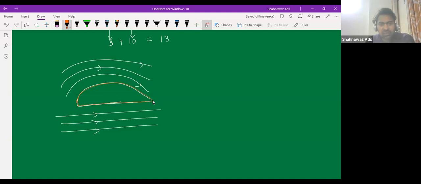Now, if you look at this, they are covering a larger distance. So which one's speed would be larger, the bottom one or the upper one?